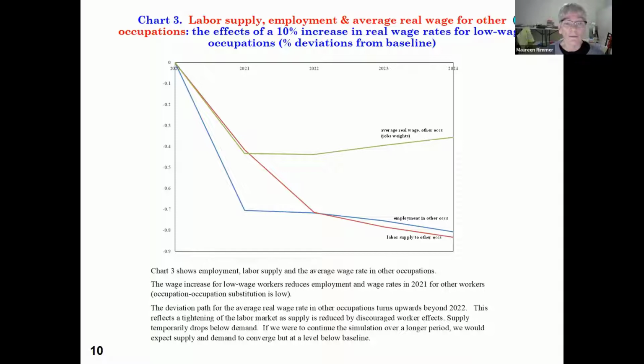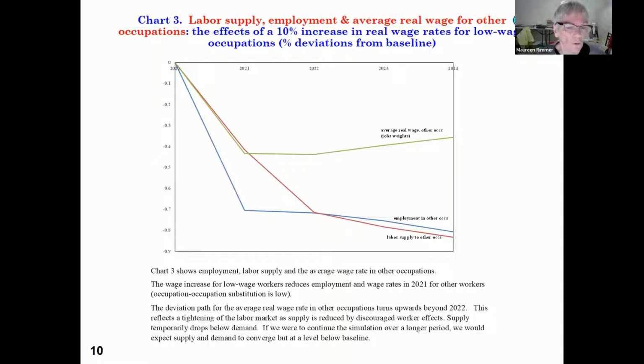That's the blue line. The supply to the higher wage occupations, the red line, in the first year, 2021, you see it falls, but nowhere near as much as the employment in those occupations. So there is some leakage of these high wage workers, attracted by the higher wage in the low wage occupations, but that leakage is very low.